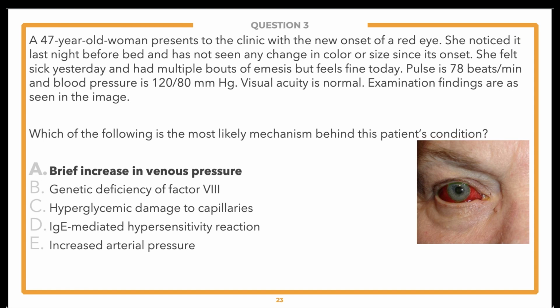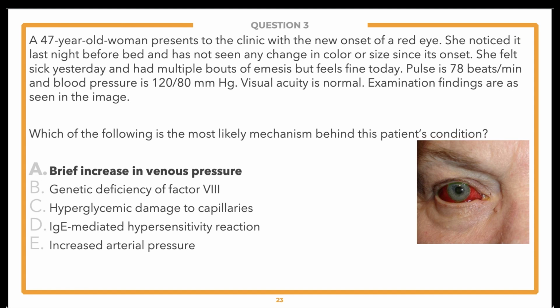So this patient has likely had a subconjunctival hemorrhage, as evidenced by the blood localized to the conjunctiva, which you see there in the image.